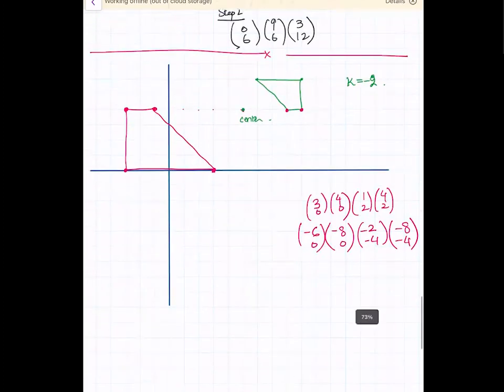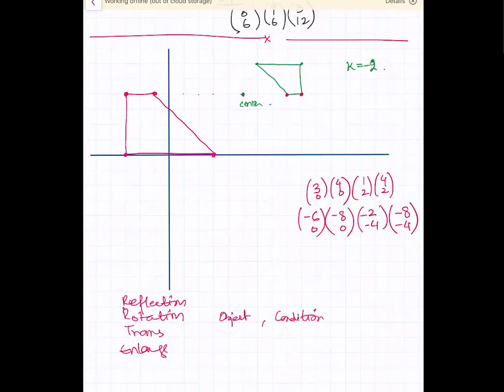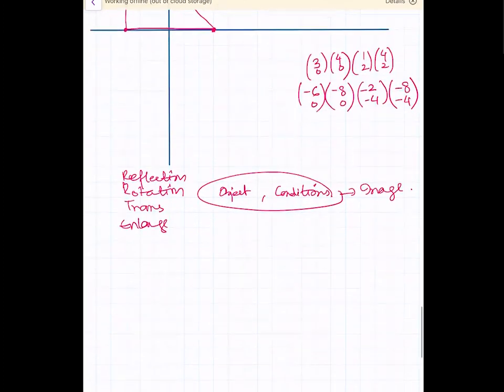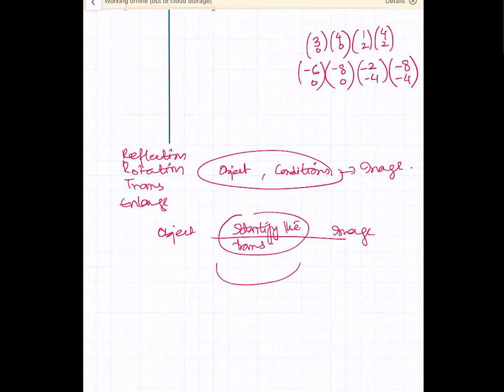All right, let's move on. So we are done with reflection, rotation, translation, enlargement: when the object is given along with its conditions, how to draw the image. Now the next thing is going to be when you have the object with you, you have the image with you, you have to identify the transformation, and you have to write down the conditions.